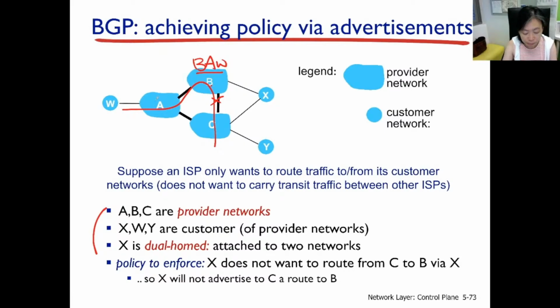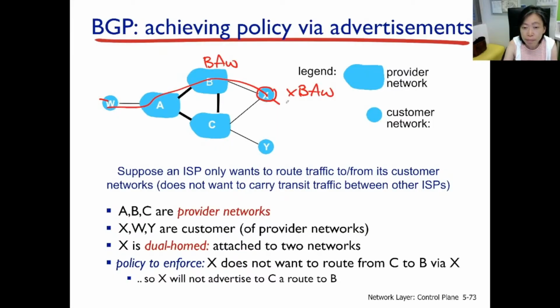Nice. But B will actually have to send BAW to X, so X can discover XBAW is a path, just in case there's any user in X wanting to send data to user in W. Nice, so that makes sense.